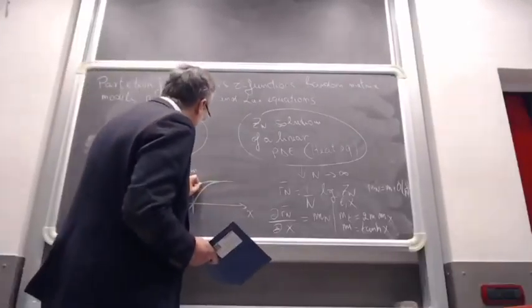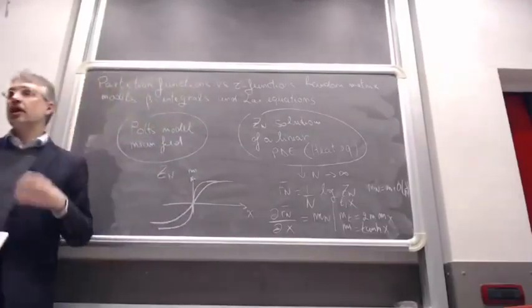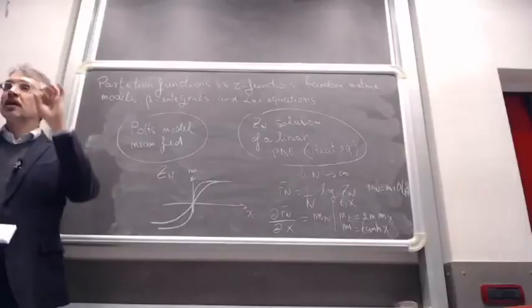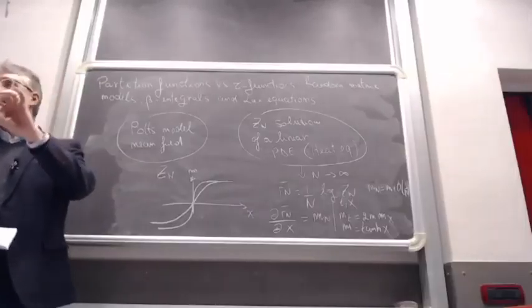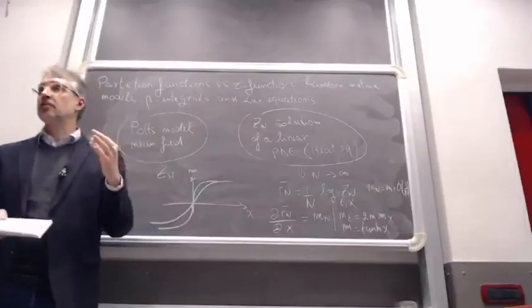So the profile of the magnetization becomes steeper and steeper until you reach a point of gradient catastrophe. The gradient catastrophe corresponds exactly to the phase transition, the magnetic phase transition in this model.